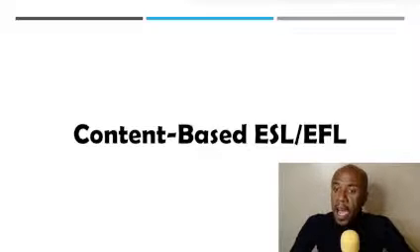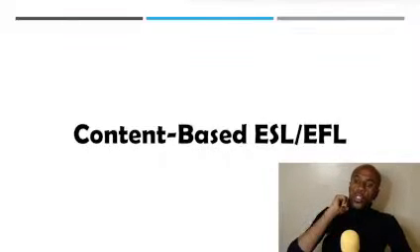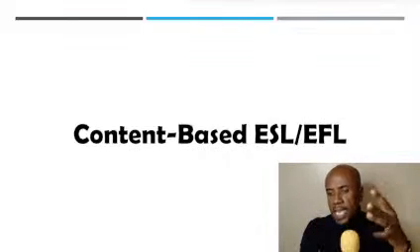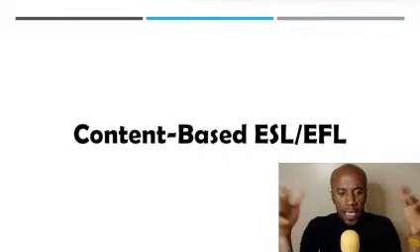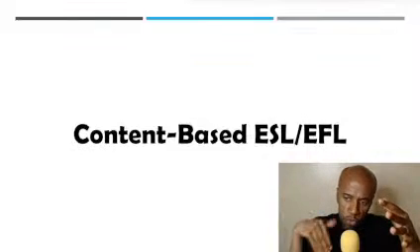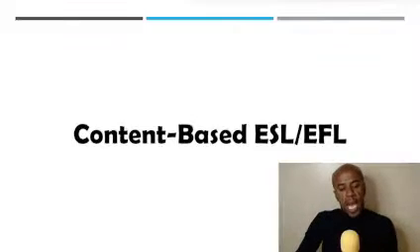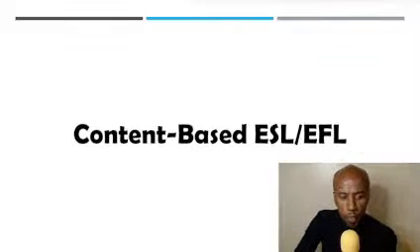ESP, all of these are content-based modules. Skill-based modules or skill-based education is listening, writing, reading, and speaking. Content-based is when you give content and through that content you learn the language in some sort of an indirect way.